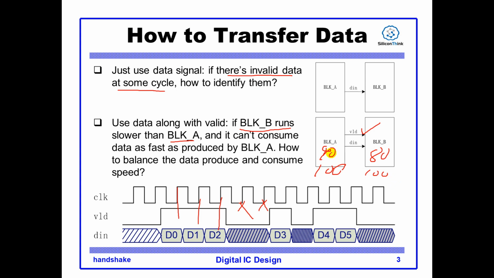So if you just use valid and data in, there must be data lost at block B.